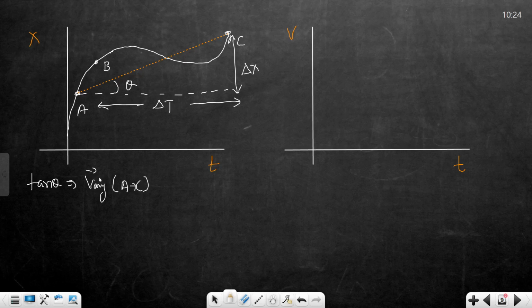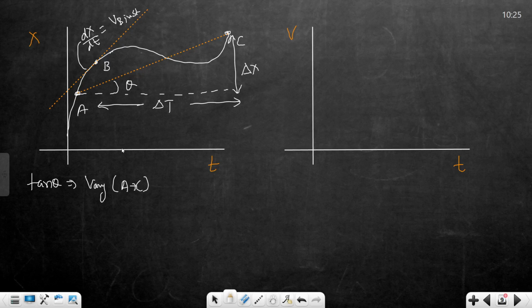Clear? And when you take instantaneous velocity at B, you just have to calculate the instantaneous slope. So at this point, dx by dt will give you Vb instantaneous. Clear?